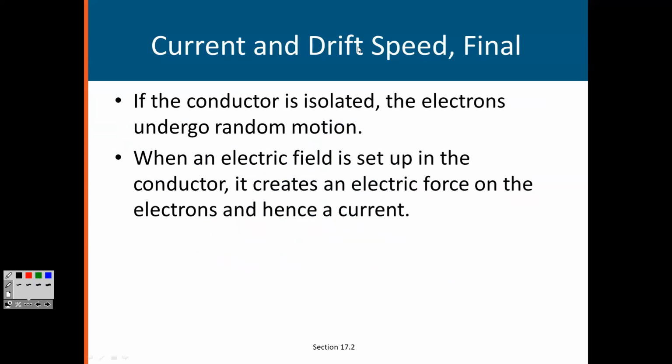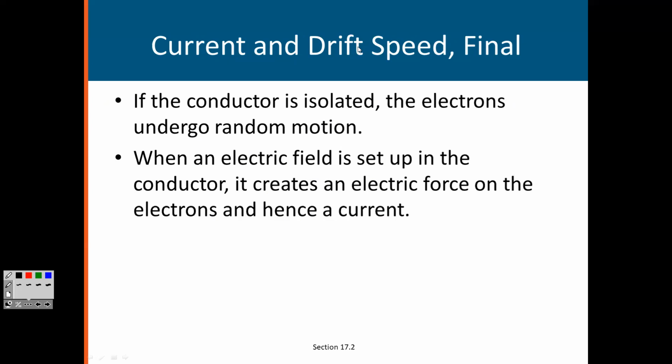If the conductor is isolated, the electrons undergo random motion, but when you apply an electric field in the conductor, it makes the charges move in the direction of the electric field. Well, if it is positive charges. If it is negative charges, it will move in the opposite direction of the electric field.